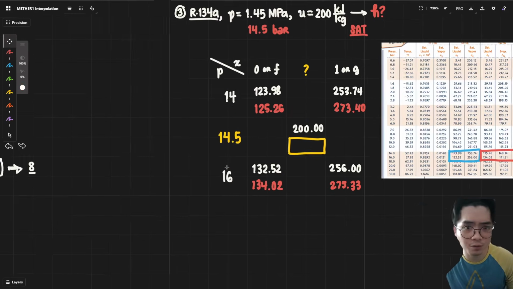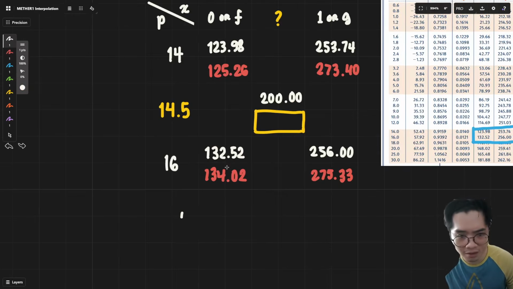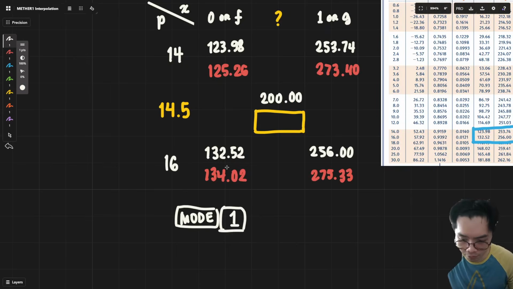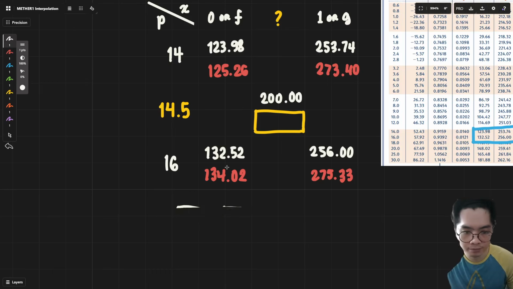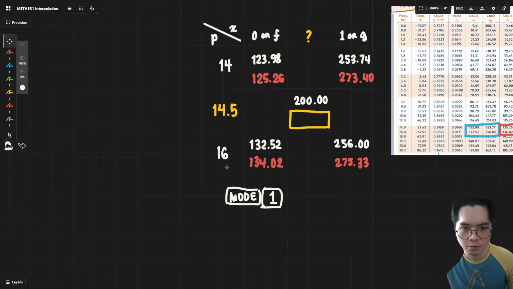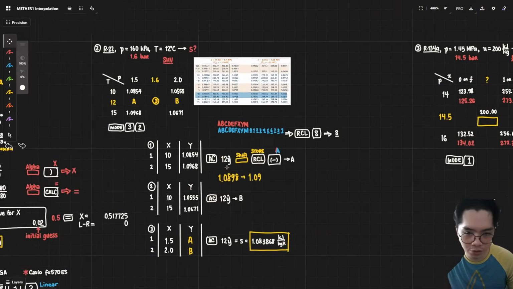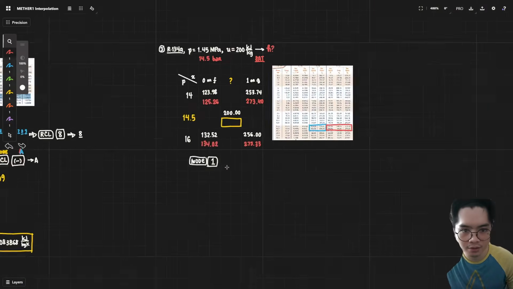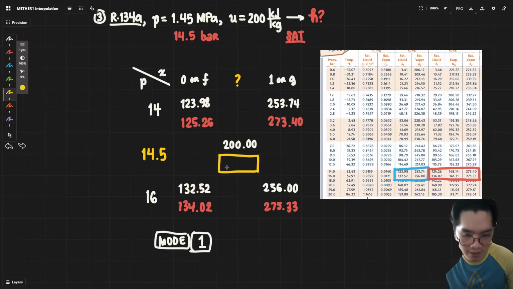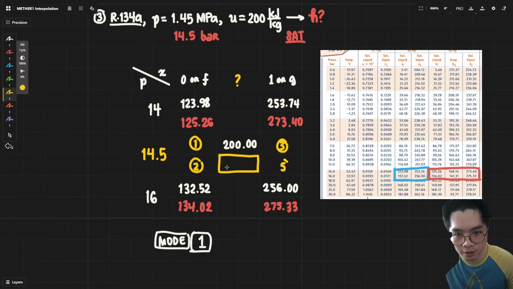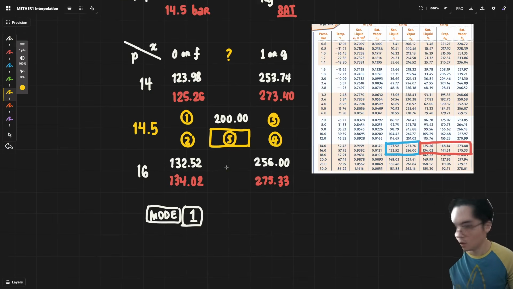By the way, if you want to return to the normal mode, you just go to mode 1. Mode 1 is your normal solving mode, for computation. We will have 5 interpolations, so I will now put in numbers 1, 2, 3, 4, and then 5.